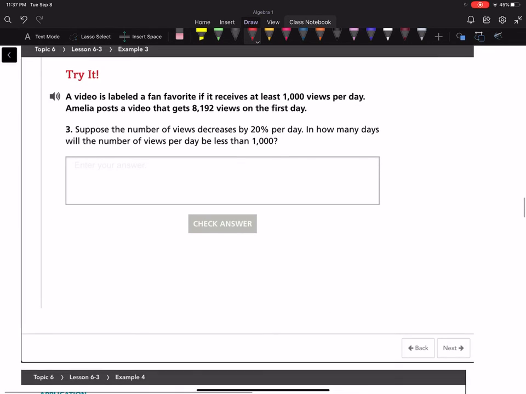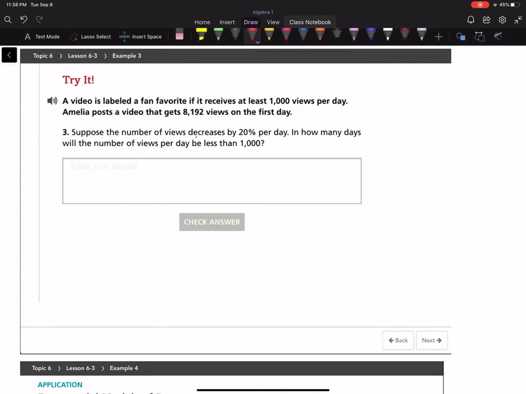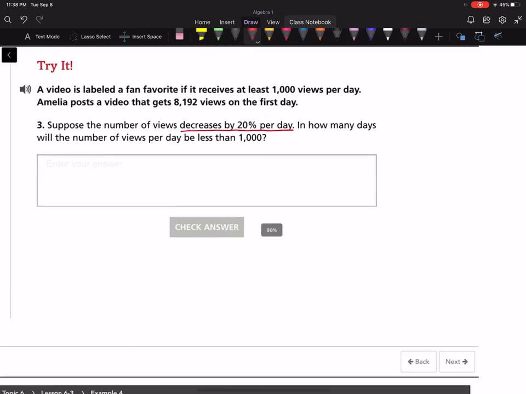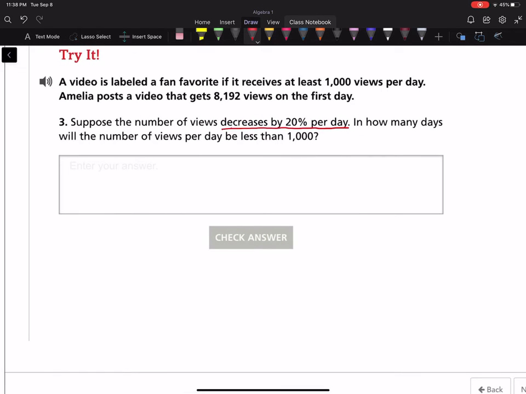It says try it. A video is labeled a fan favorite if it reaches 1,000 views per day. Amelia posts a video that gets 8,192 views on the first day. This time we are decreasing by 20% per day. So same problem, but this time we're going by 20%. So we're going to have y, which again, we want it to be less than 1,000.